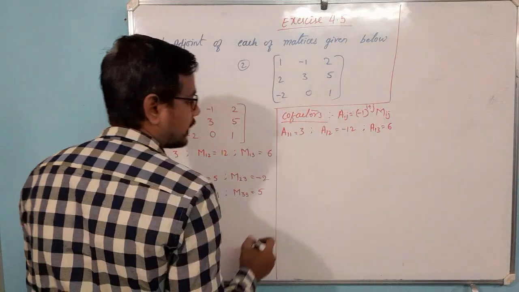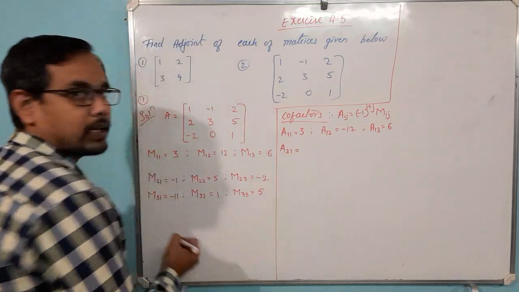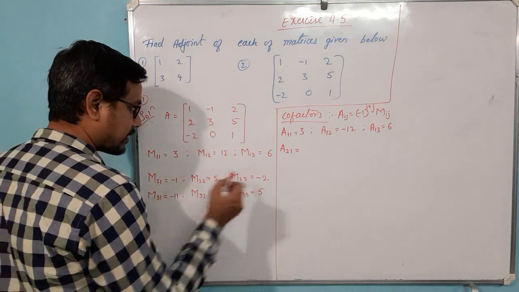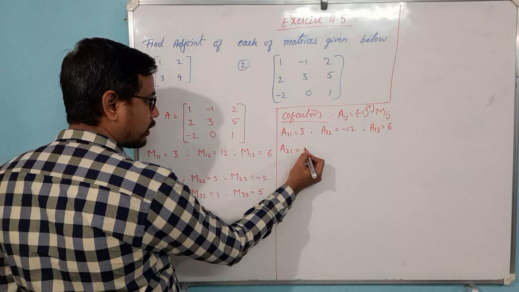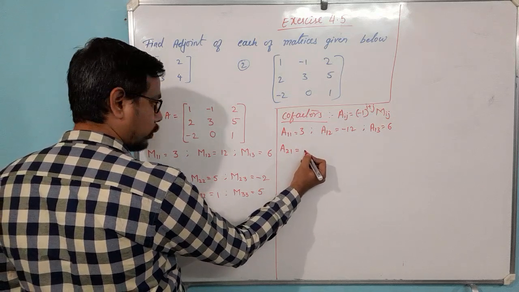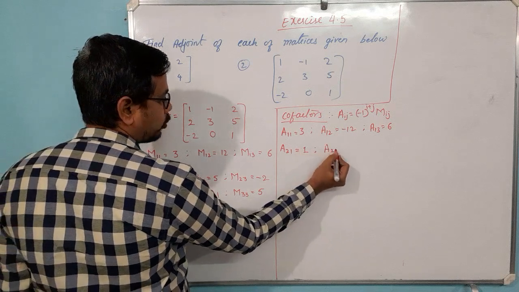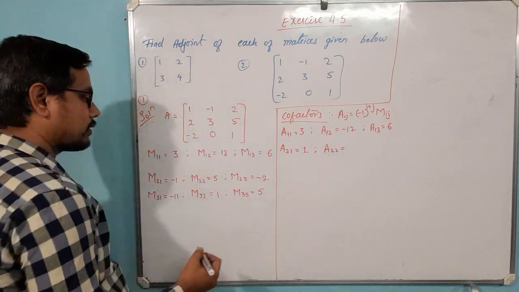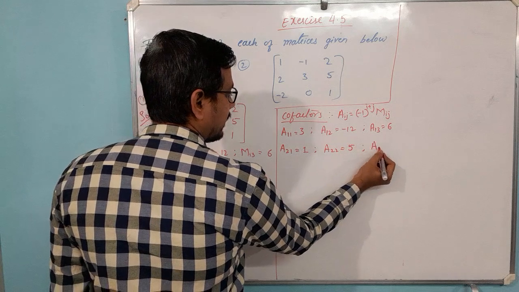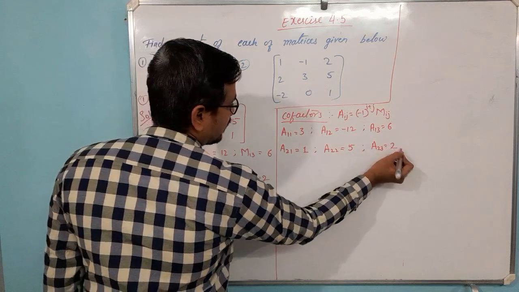Next A21: M21 is minus 1, and 2 plus 1 is odd, so it will be minus of that. So minus 1 becomes plus 1. A22, 2 plus 2 is even, so as it is M22, that is 5. A23, 2 plus 3 is odd, so minus 2 becomes plus 2.